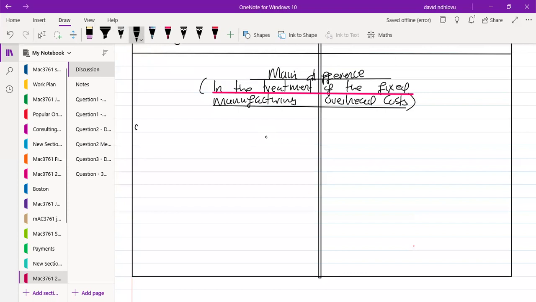Under this method, we are saying fixed manufacturing overheads are treated as periodic costs.